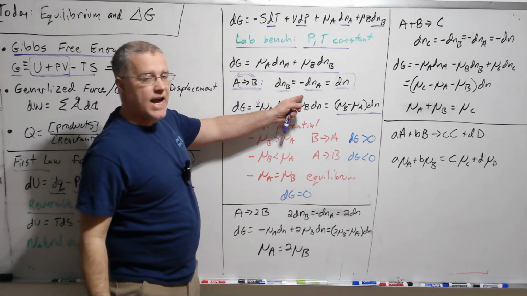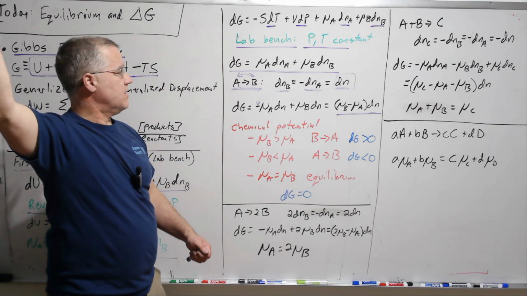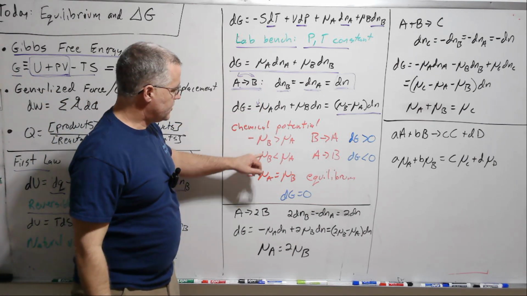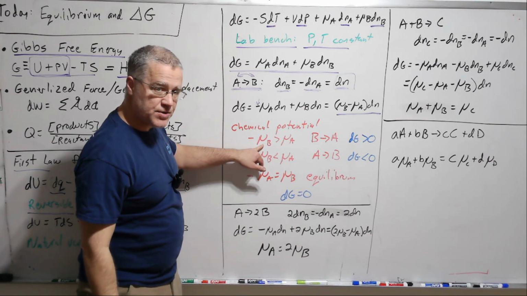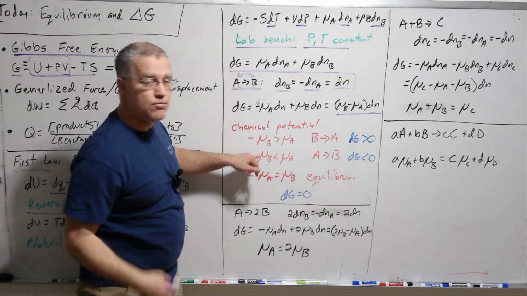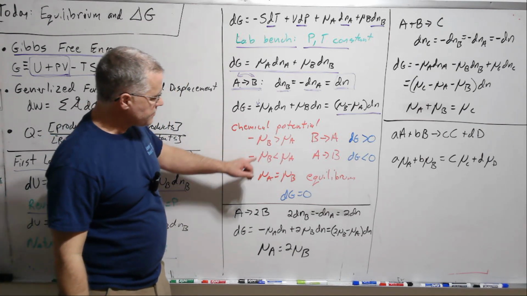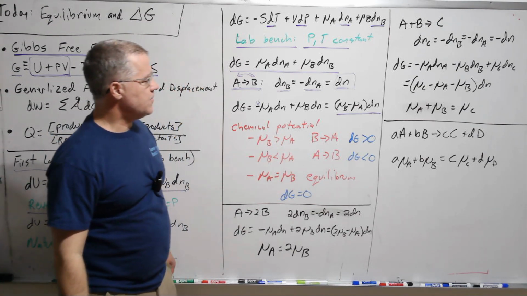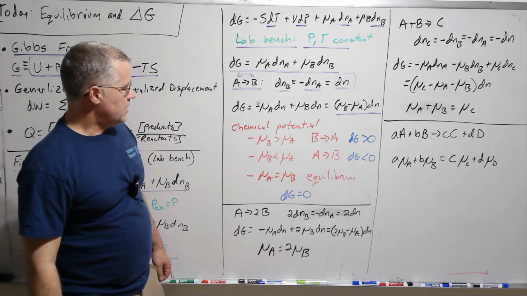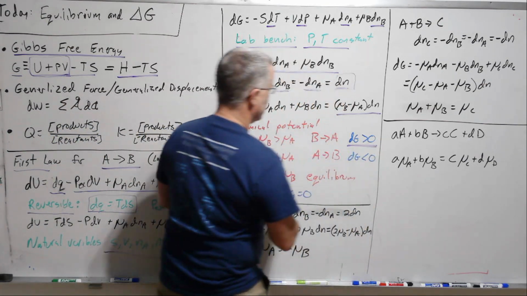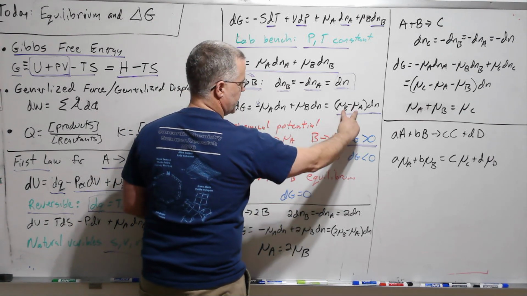The only way to do that, because it can't escape the system because we're otherwise closed, is to create A. And so if the chemical potential of B is stronger or greater, more positive, we'll say more positive than A, then B will go to A. Under those conditions, this is bigger than this.